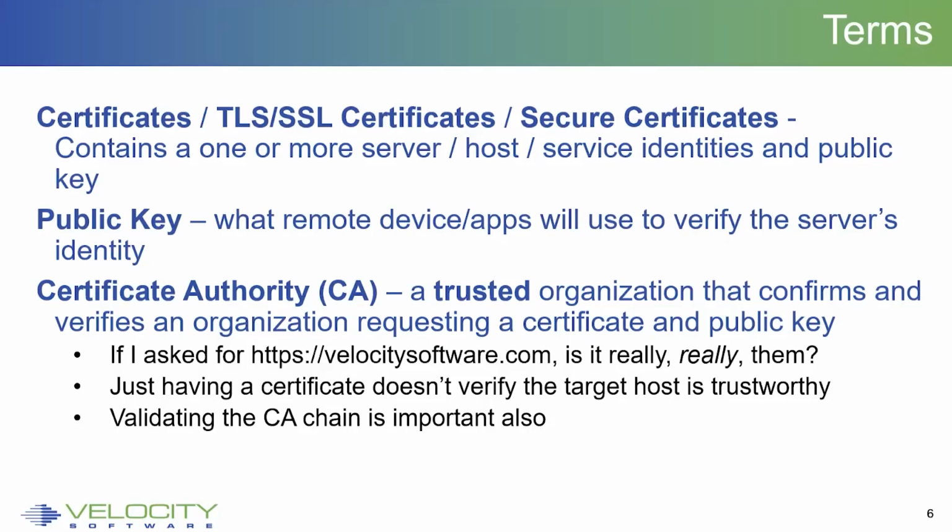Now, just having a certificate doesn't necessarily verify that the target host is trustworthy. This is where the CA comes in. The CA and the CA chain determine the trust level of that certificate.